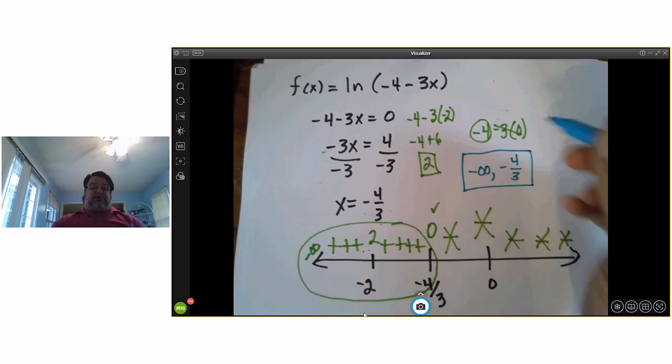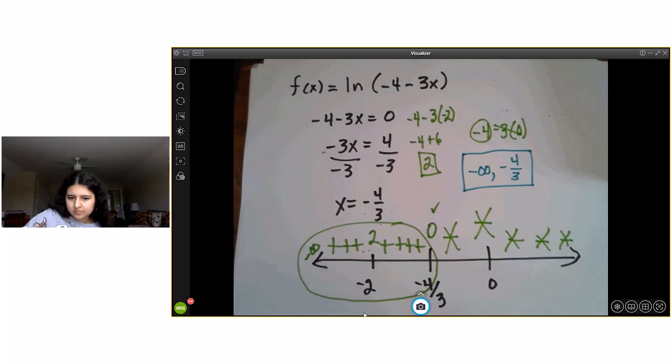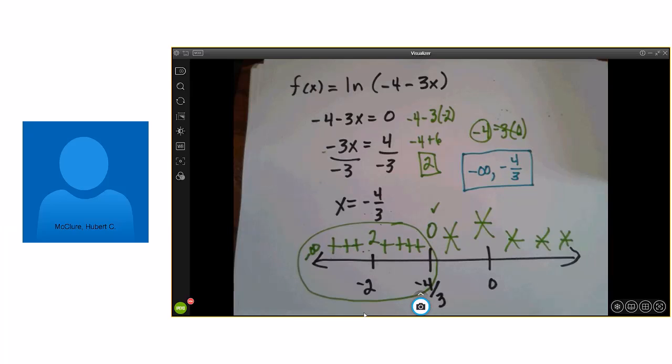Let me know when you see that boxed in. Tell me when you see that locked in.